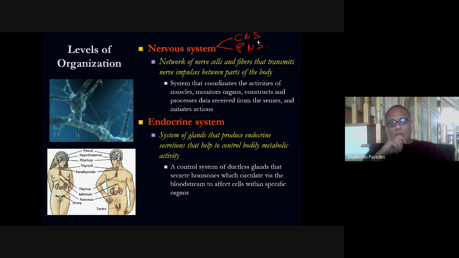Okay? Endocrine system, we have a system of glands that produce endocrine secretions. So what is the endocrine system? Endo means inside. And this is the classification of the glands. We have 2 types of glands, the exocrine and the endocrine. The exocrine are those glands that have a duct, for example, the salivary gland. This is the skin.